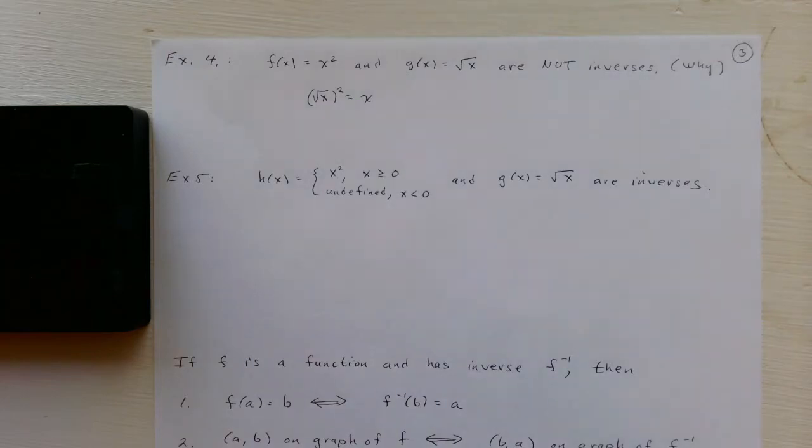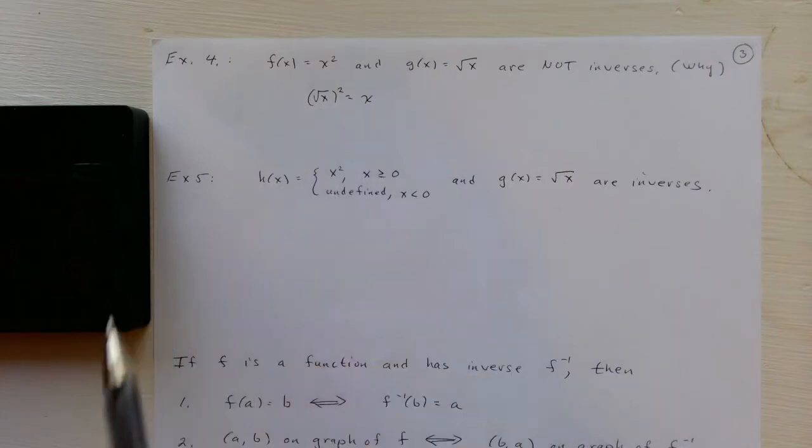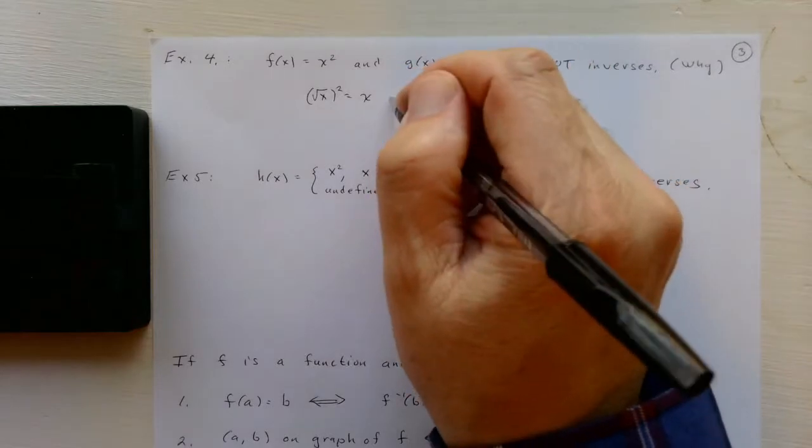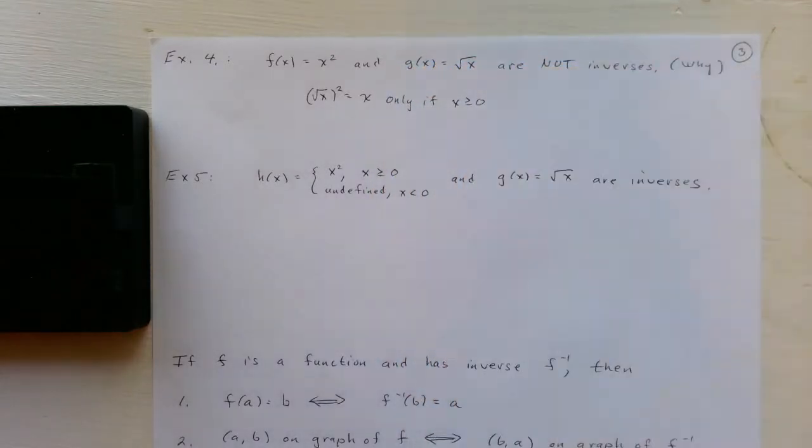Well, it is true, but it's only true if x is positive. If x is negative, then you're trying to take the square root of something that's undefined in the real numbers. So this is equal to x only if x is greater than or equal to 0.